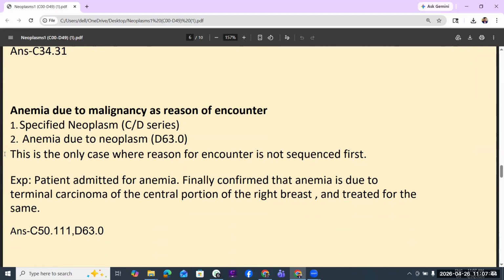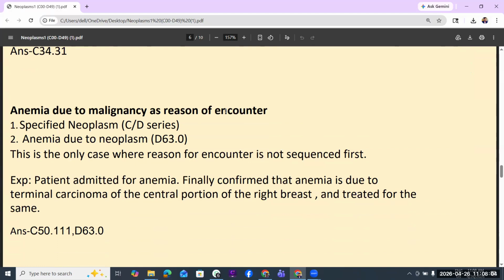Second example: anemia due to malignancy as the reason for the encounter. A specific neoplasm ICD code from the C and D series we need to code first, then anemia due to neoplasm, D63.0. This is the only case where the reason for the encounter is not sequenced first.